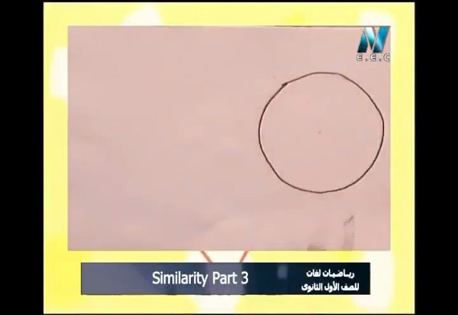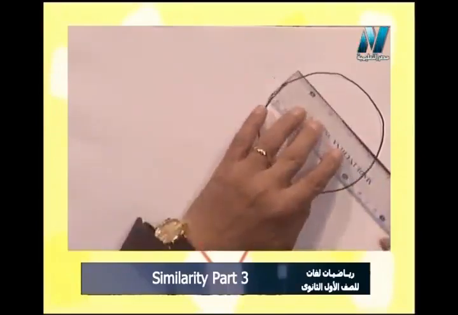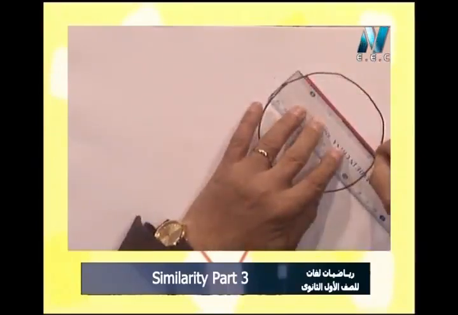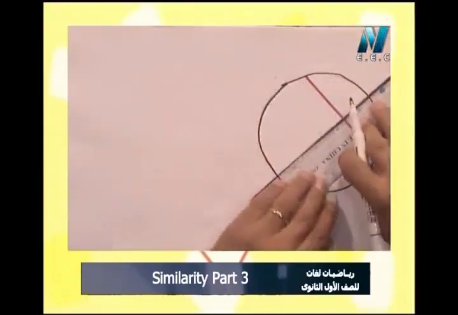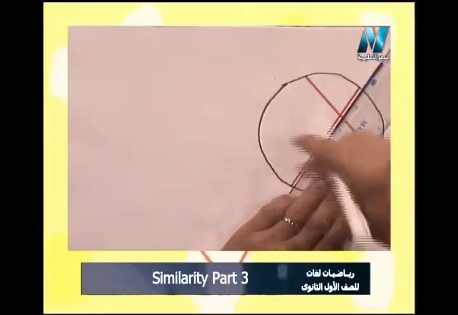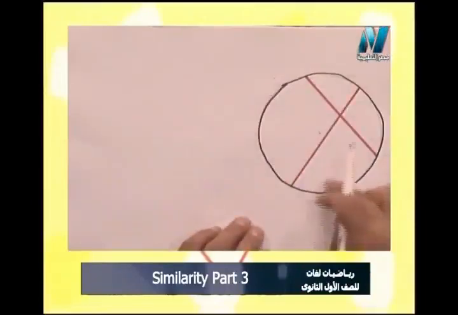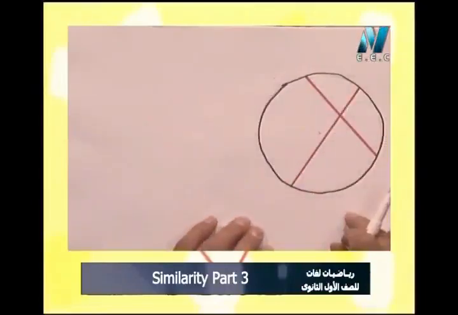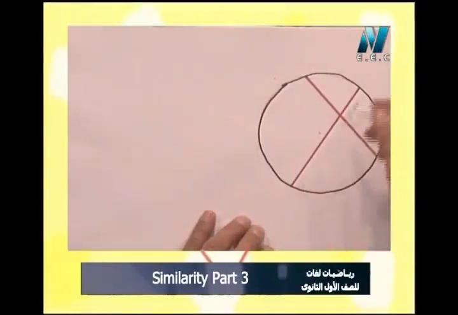Okay, and we have two chords that intersect inside the circle, like these two chords. We have a chord here and another one here. We know that a chord is any line segment that meets the circle at 2 points.